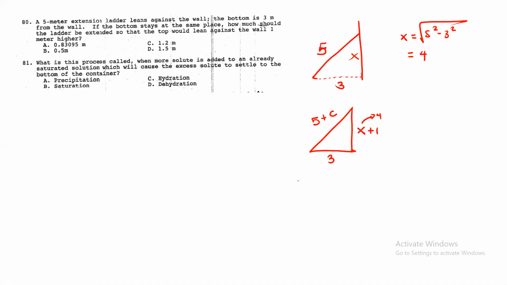So, magiging (5 plus c) squared is equals to 3 squared plus (4 plus 1) squared. So, makuha natin yung clearance. So, ito yung how much the ladder be extended. So, syempre, ang sagot dito is 0.83095 meters.